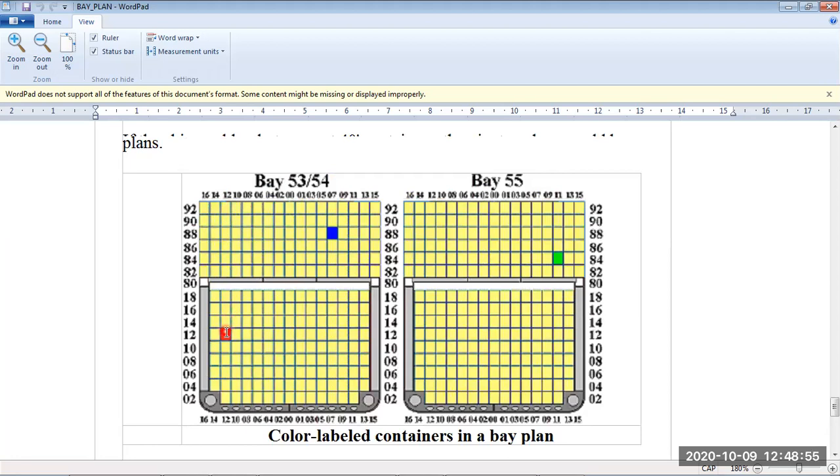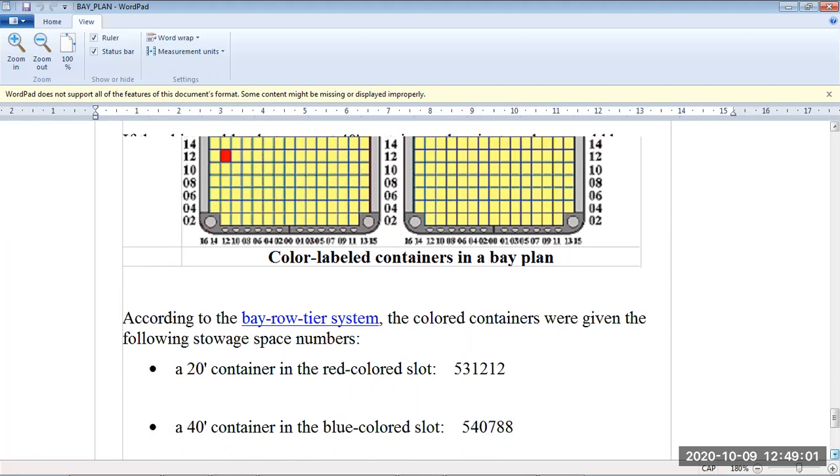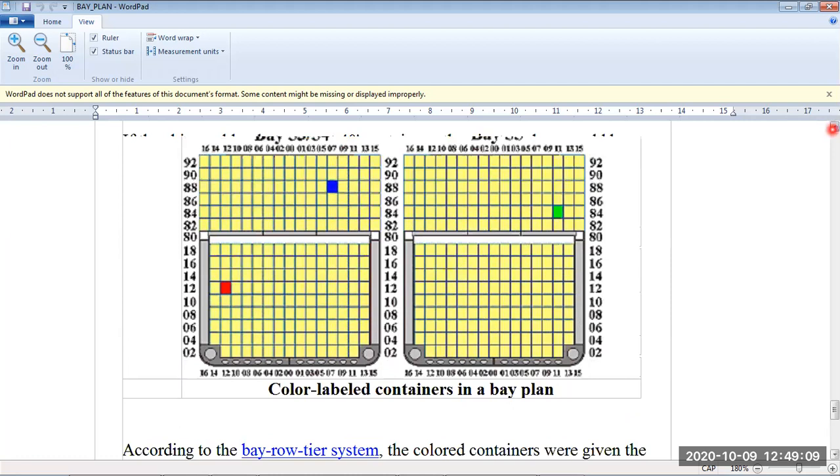If it is a 40-foot container, then it is bay 54, row number 07 and tier number 88. This one.